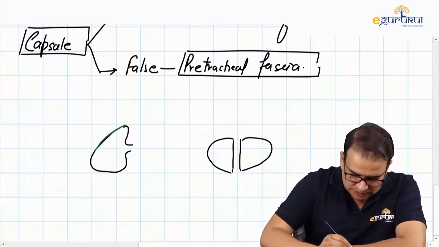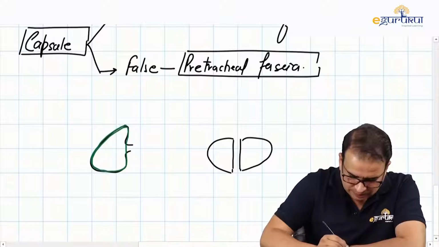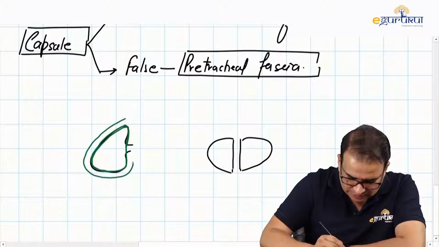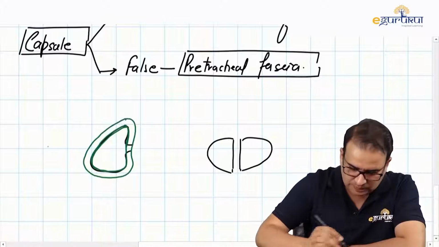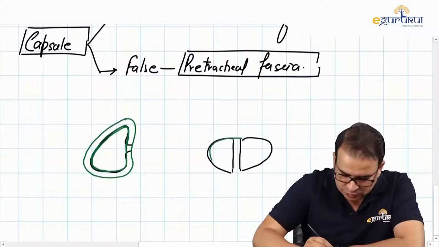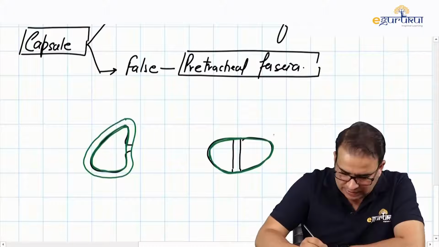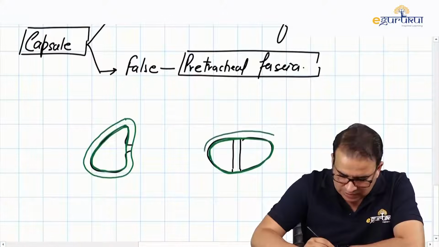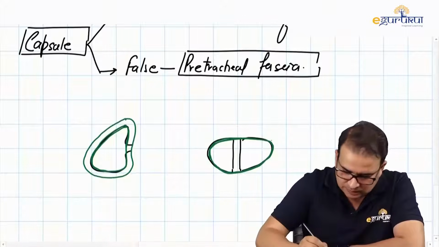So let's presume this is the true capsule for the thyroid, and this is the false capsule. I'm just purposefully drawing this gap in there. That is a false capsule. Same for the prostate. This is a true capsule, which is from the stroma itself, and the pelvic fascia around the prostate gland will form the false capsule.